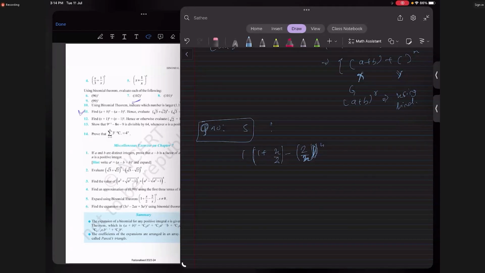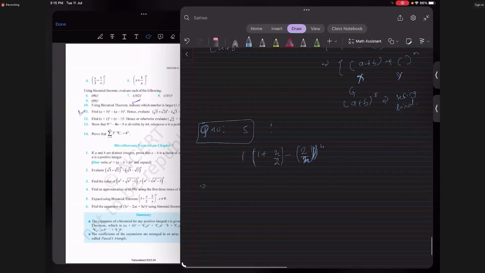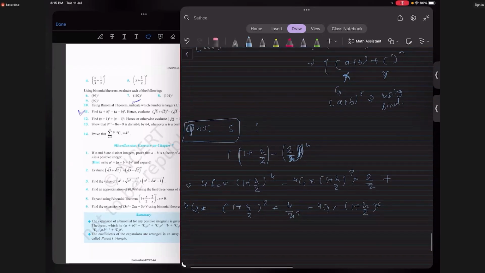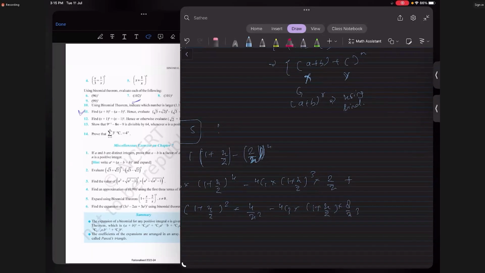So if we expand, then this should be something like 4c0 into 1 plus x by 2 to the power 4, minus 4c1 into 1 plus x by 2 to the power 3 into 2 by x, plus 4c2 into 1 plus x by 2 whole square into 4 by x square, minus 4c3 into 1 plus x by 2 into 8 by x cube, plus 4c4 into 16 by x to the power 4.